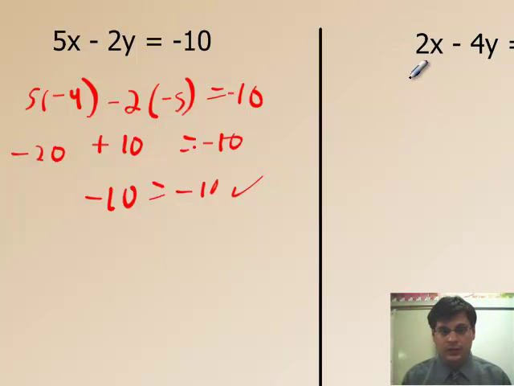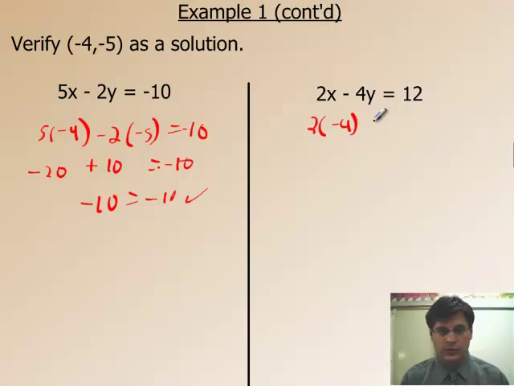And this will test. So 2 times -4 minus 4 times -5 should equal 12. So that's going to give us -8 plus 20, and that gives us 12.